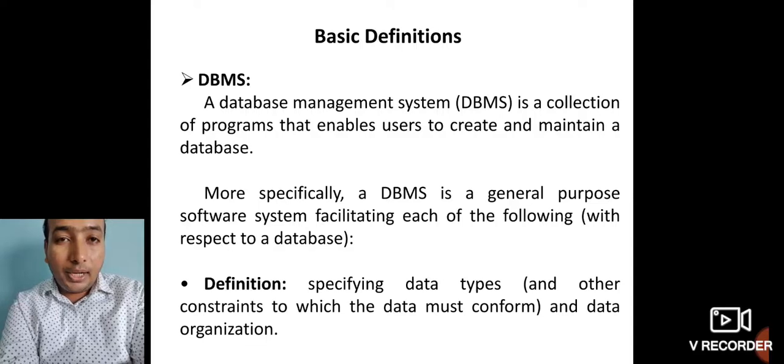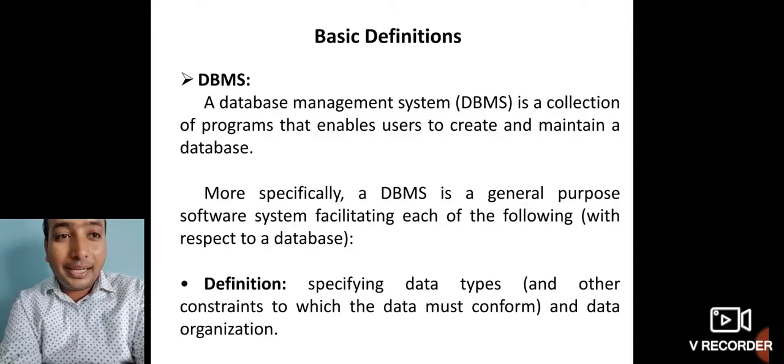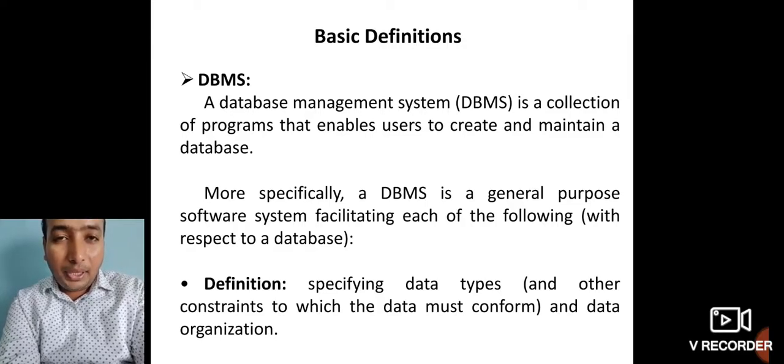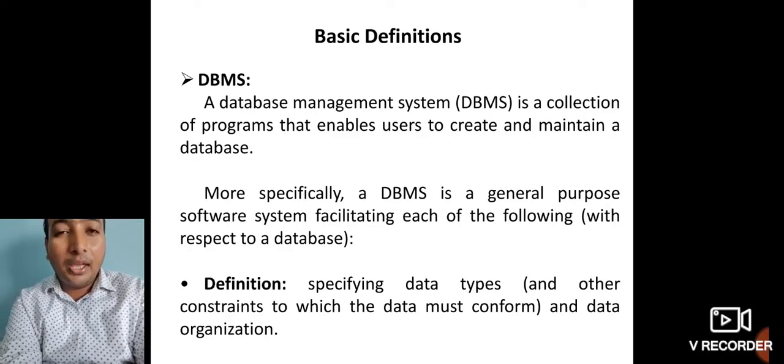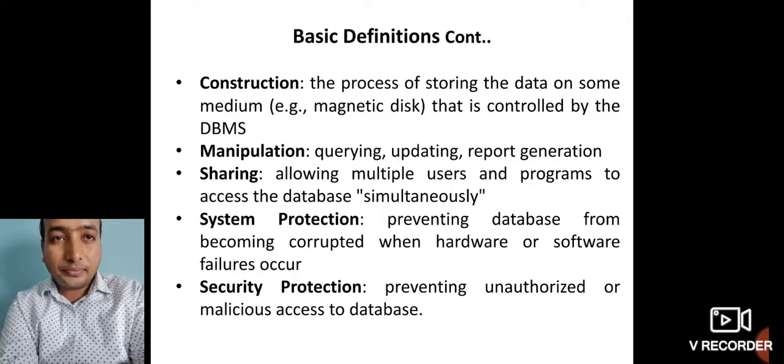A very important term in your database management system is that you are going to identify, or create, the data types. Along with that, you are going to organize your data. So by keeping in mind the data types as well as organizing the data, let us see the different functionalities of a database management system with respect to a database.